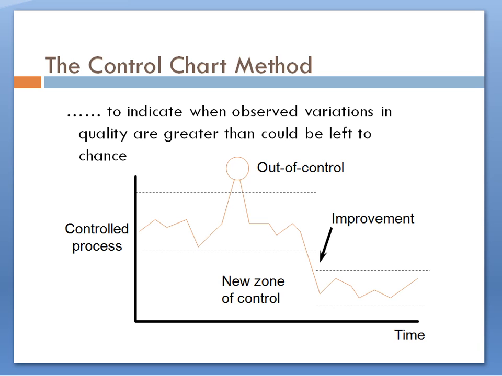A control chart can help us to understand if a process is in a state of control or not. A control chart has some limits: an upper control limit and a lower control limit. And once you graph your process, you can see if that process is within the control zone, or it has a new zone and you can see improvement, or you can see if the process is out of control.